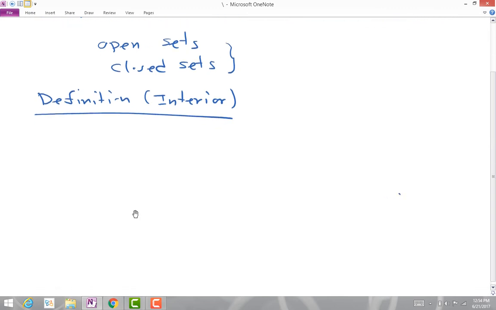So we have a topological space, and we'll just say, let X be a topological space.